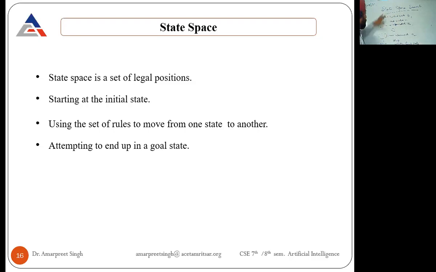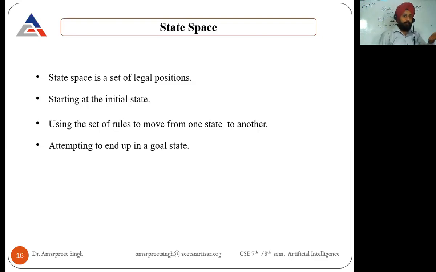From the initial state you move to the goal state, and in between, whatever steps you are taking, you come to a new state after taking each step. Your steps should be such that they change the state and carry on.